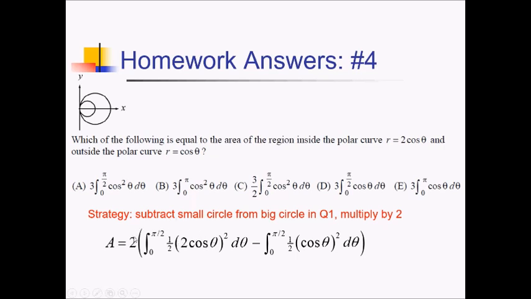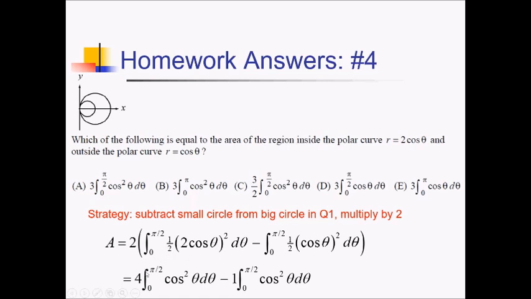But then we distribute this 2 out here. So this first integral here, grand total of 4, integral from 0 to pi over 2 cosine squared of theta d theta. Now this next one, well, if I square all this, I've got 1/2 cosine squared. But then I'm going to multiply that by the 2 out there, so that's going to be 1 of those cosine squared integrals.